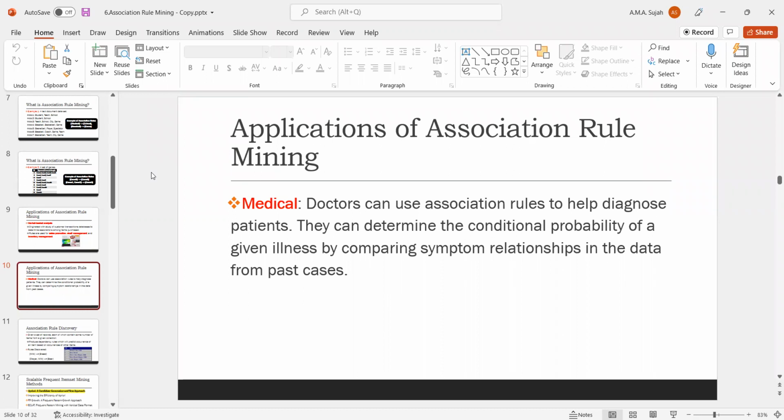Can someone tell me other applications where you think you can apply association rule mining? Market basket analysis applies to each and every business industry. Another industry is the medical industry. What else do you think? What else?